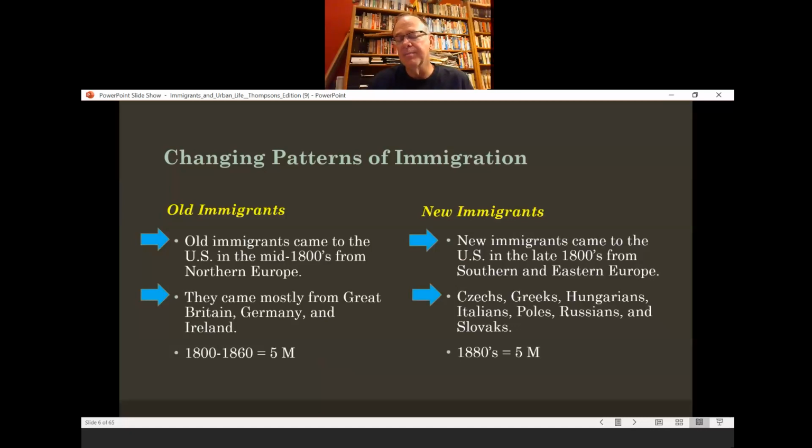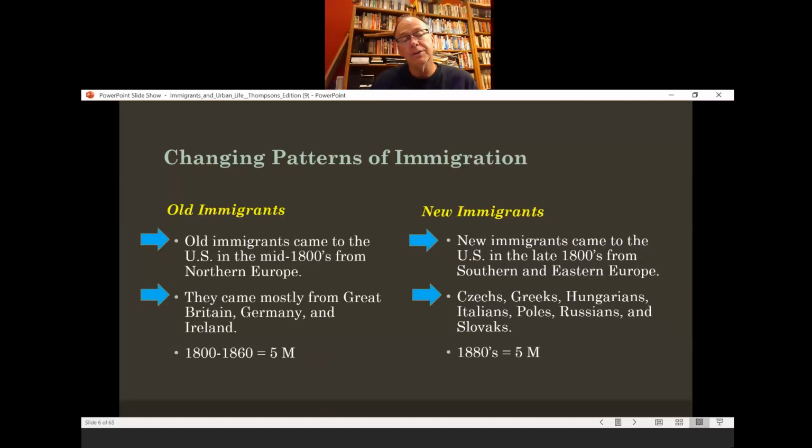And they are coming from the places we're most familiar with when we read the early days of America. They're coming from Great Britain, Ireland, and Germany. And during that 60-year time period, 5 million immigrants came into our country. That's a good number when you consider that the population wasn't, of course, back then what it was going to later become. But 5 million in a 60-year period.